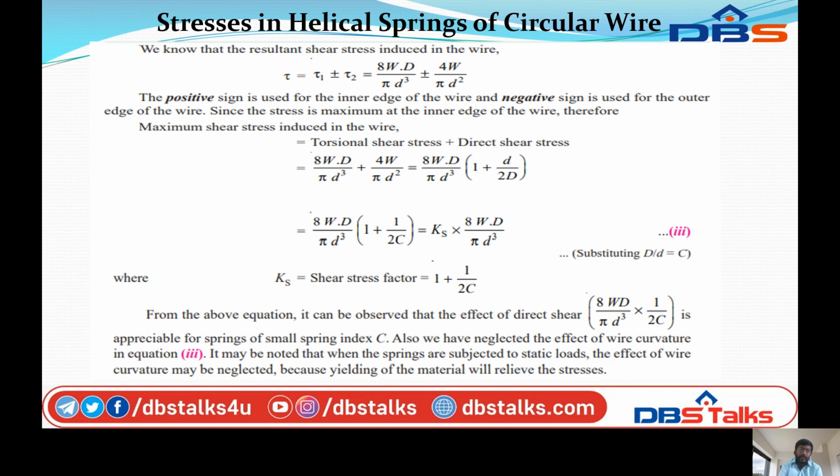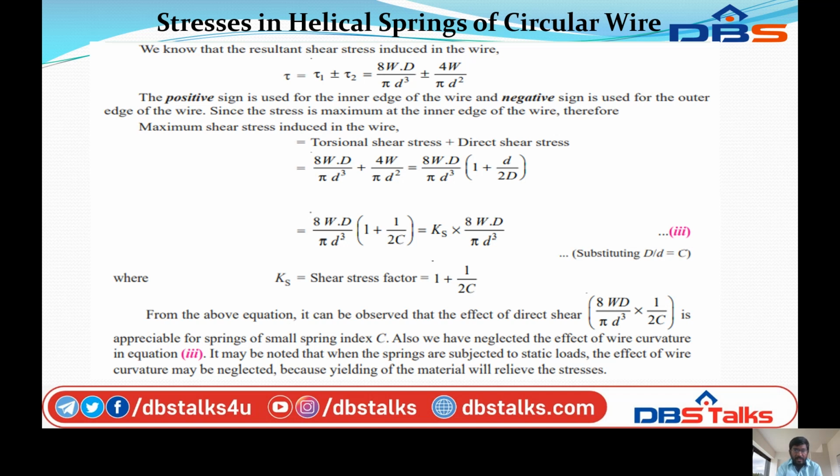Since the stress is maximum at the inner edge of the wire, the maximum shear stress induced in the wire is equal to the torsional shear stress plus the direct shear stress, that is, 8 into W into D by pi d cube plus 4W by pi d square.